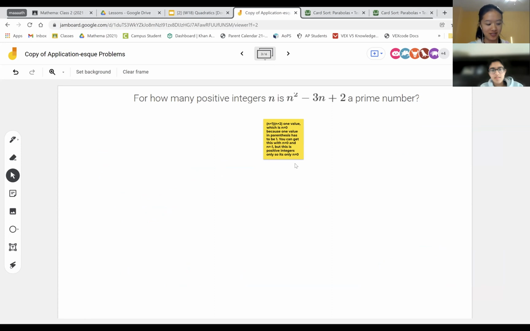Okay, so question 3 is: for how many positive integers n is n squared minus 3n plus 2 a prime number? I'll give you all a minute to solve.